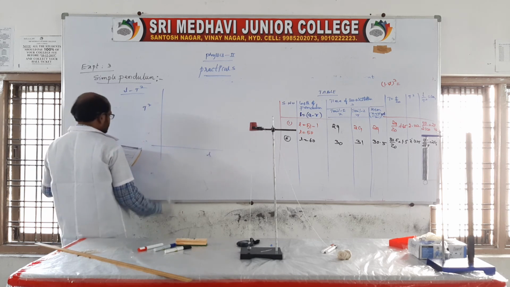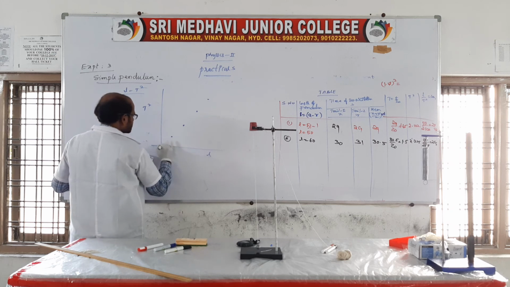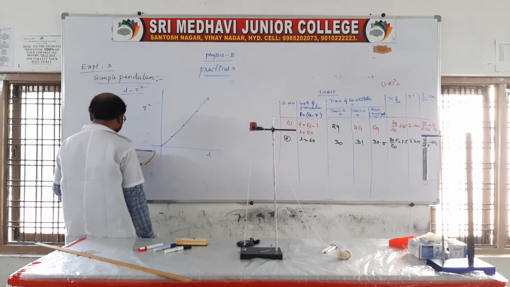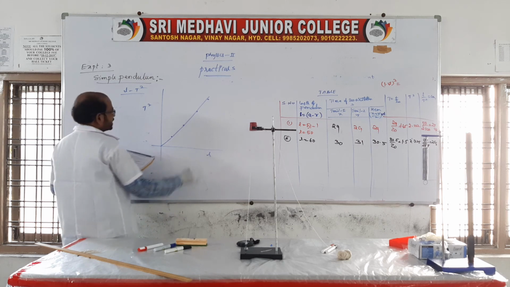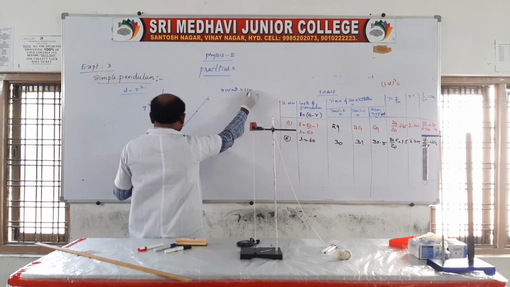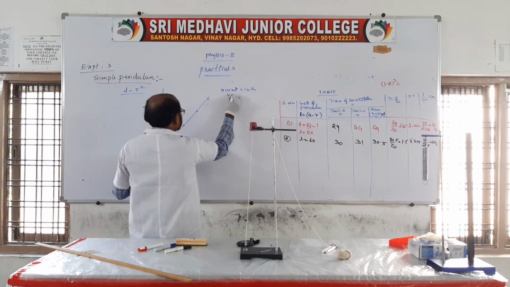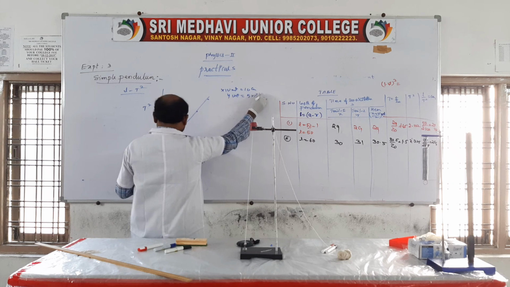Using these values, we may get the graph like this, which is a straight line passing through the origin. On the x axis, 1 unit is equal to 10 centimeters, and on the y axis, 1 unit is 5 into 10 power minus 1 seconds square.